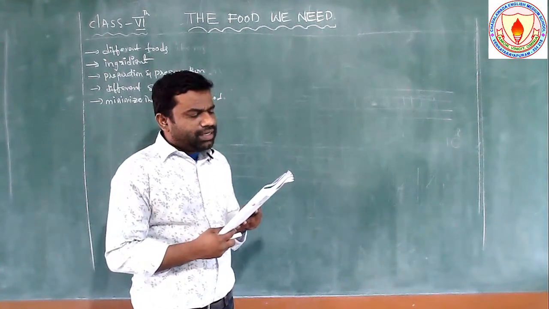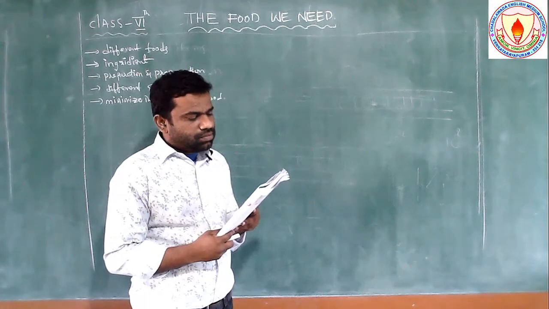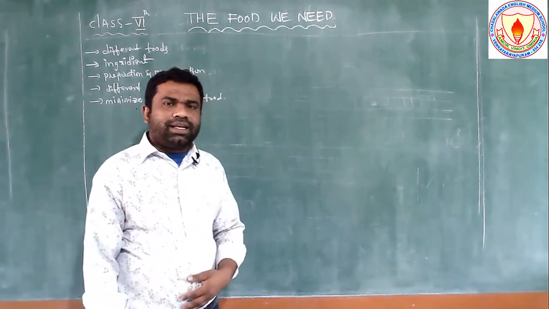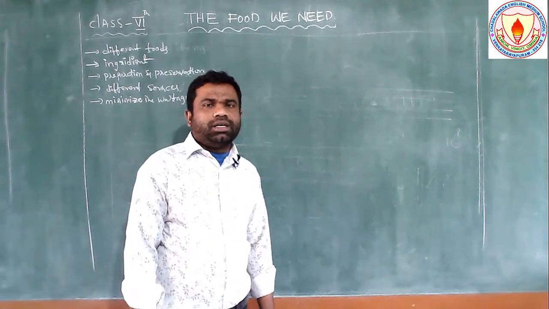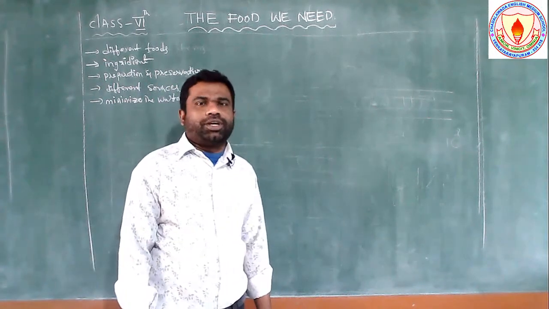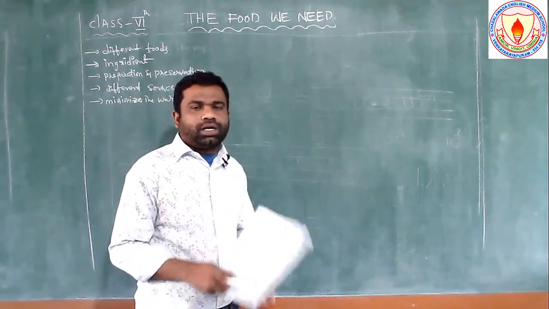Sasi wanted to eat something special on Sunday. So, Sasi, one person, wants to eat something special on Sunday. Next, he asked his mother to make pulihora.